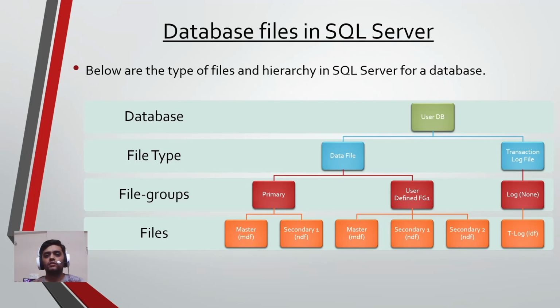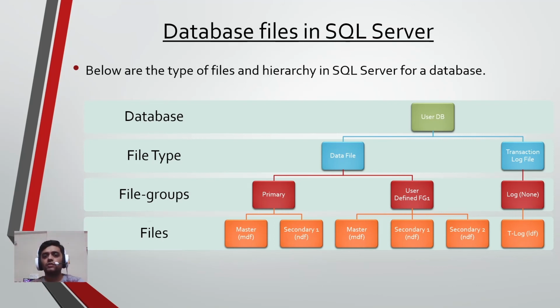Here N comes because in alphabetical order N comes after M. Instead of master data file, which had some purpose. Transaction log files are known as log data files, so that's why they have LDF. But for secondary files, it is NDF. So you can have one or more secondary files in any of your one or more file groups. So this is a particular type of hierarchy.